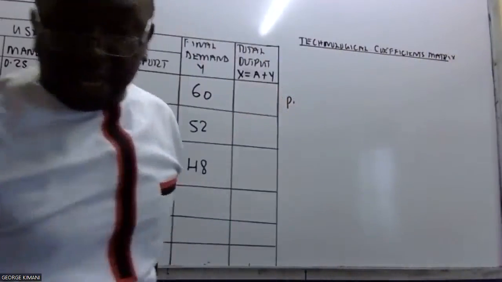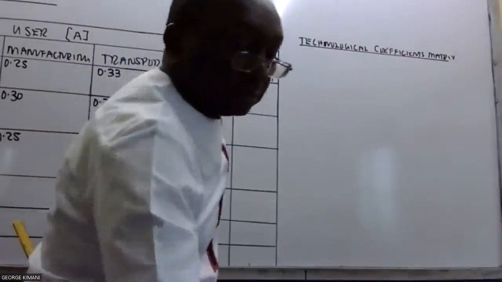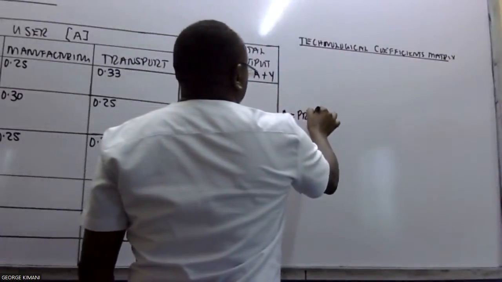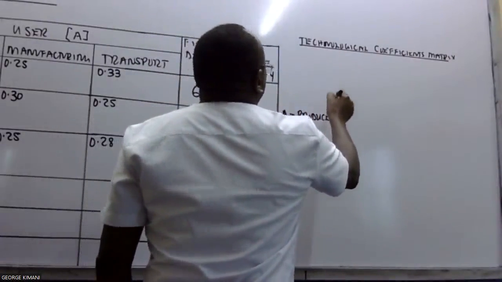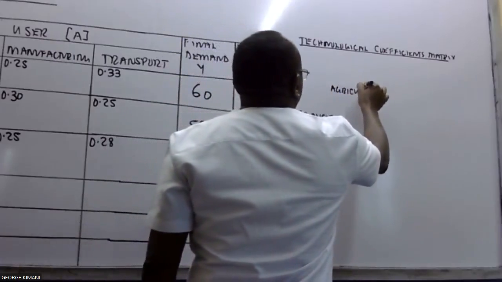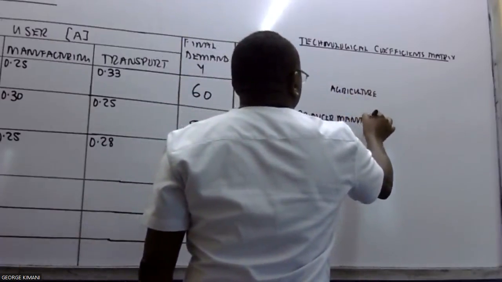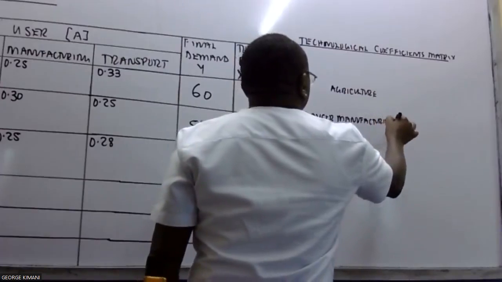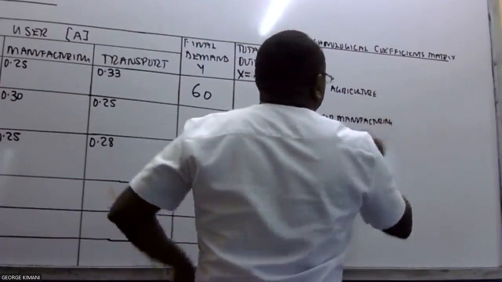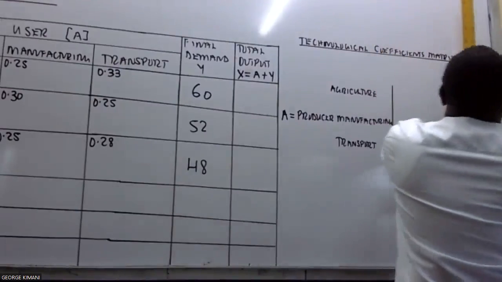It's called matrix A. On this side, we have the producer, where we have agriculture, we have manufacturing, and we have transport.